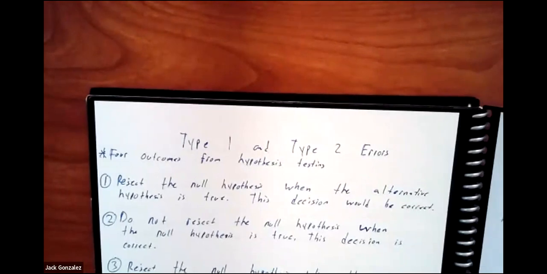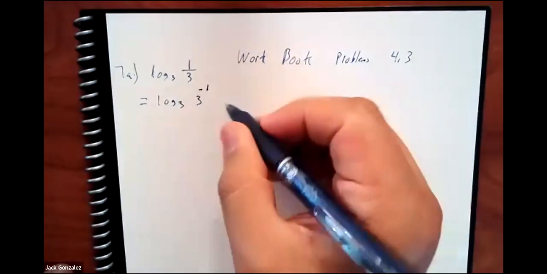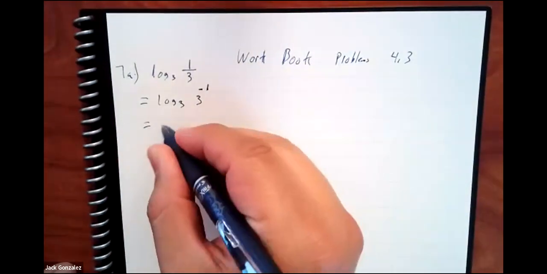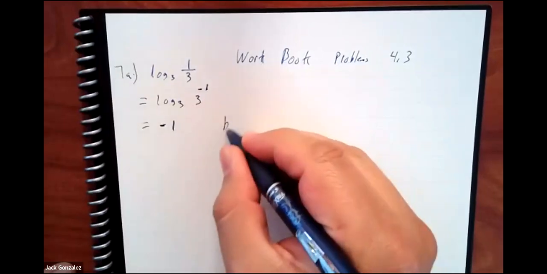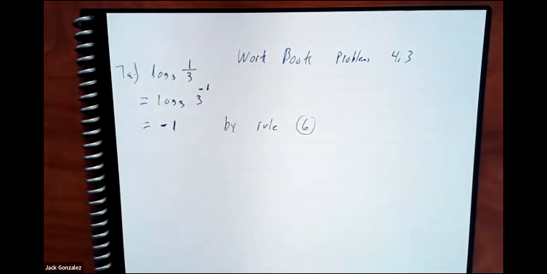And then rule number 6 tells you this will cancel and leave you with just the power by rule 6. That makes sense?